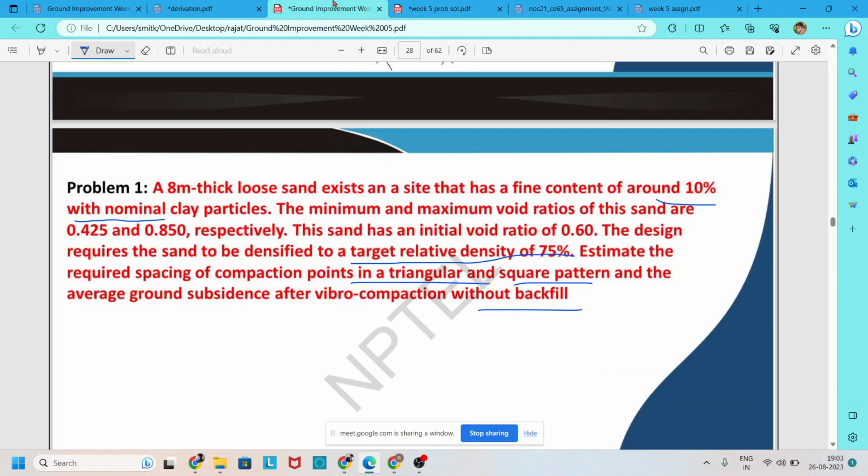The second question given in this problem is to also find out the subsidence after the vibro without backfill.